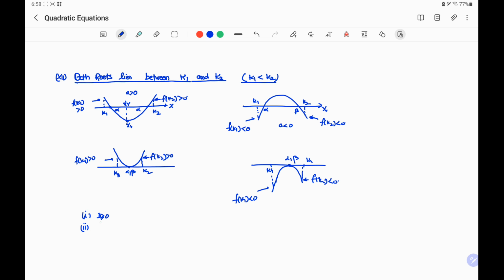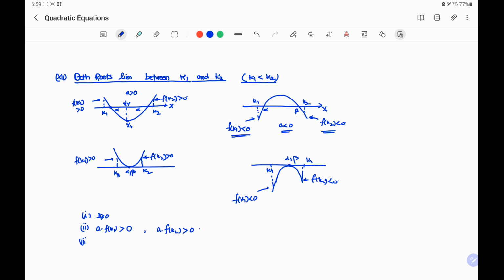Second, when a is greater than 0, then f(k1) and f(k2) both are greater than 0, that means positive. And if a is less than 0, then both f(k1) and f(k2) are less than 0, that is negative. So we can write that a into f(k1), if both are positive, then the product will be positive, and if both are negative, the product is also positive. And a into f(k2) is also greater than 0 or positive.